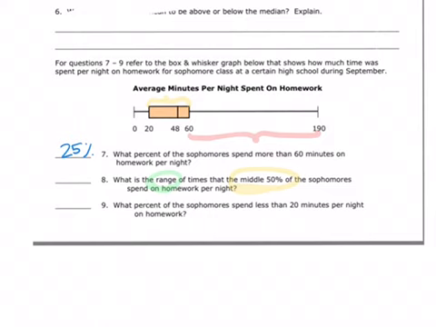So then the other thing that we have to connect back to here is this idea of the range. So how do we calculate range? Hopefully you remember that range is the largest minus the smallest. So the largest value would be this right side end of the box, which is 60. And the smallest value would be the left end of the box, which is at 20.